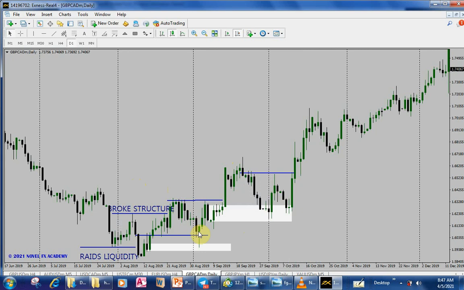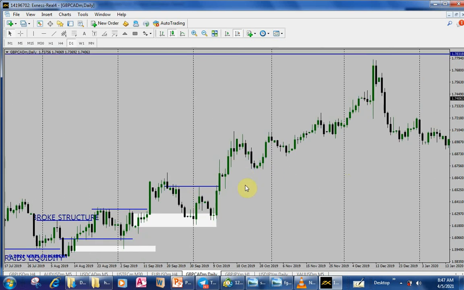Price returned to this OB, then rallied up, came back into that proportion block, then rallied higher. Then we see price coming back to this OB left here as well, then rallied up.